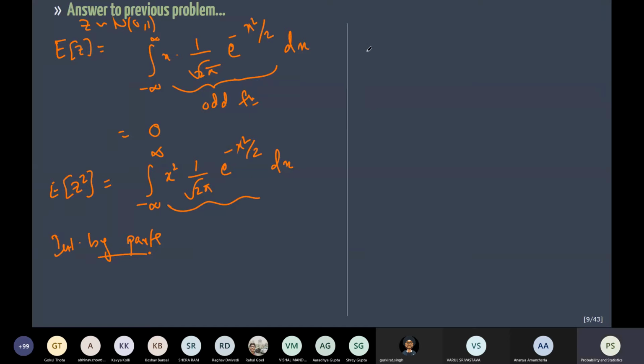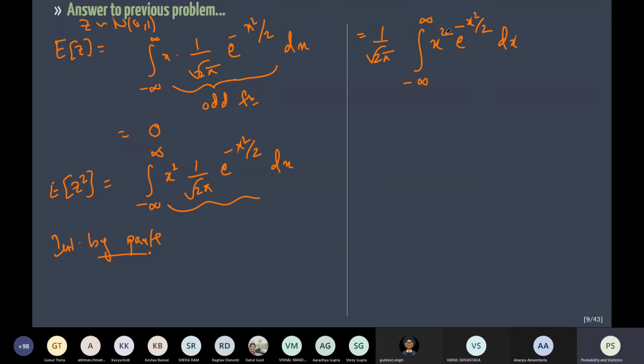So did anyone do this integration already? What do you expect? So 1 by square root of 2 pi we can take out. And this is the integral from minus infinity to infinity of x square e to the minus x square by 2 dx.